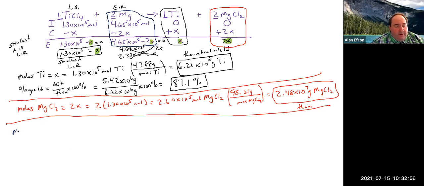So we see that the moles of magnesium left over from our table is 4.65 times 10 to the fifth minus 2x, which means it is 4.65 times 10 to the fifth minus 2 times our x value.